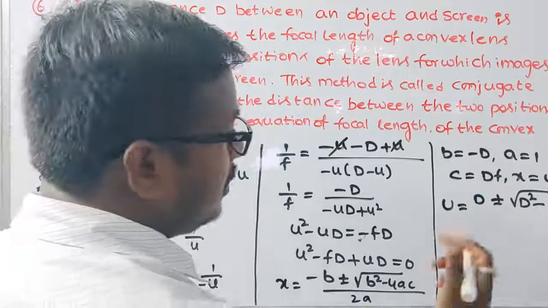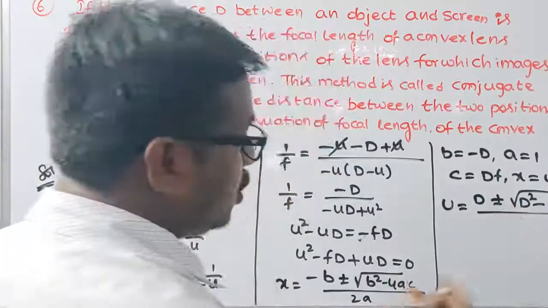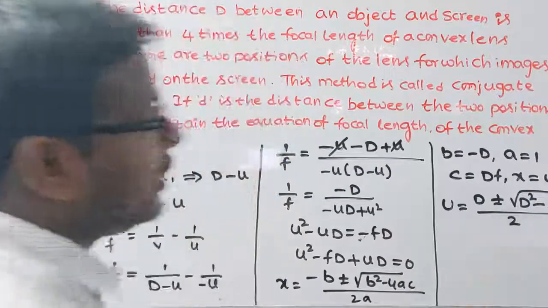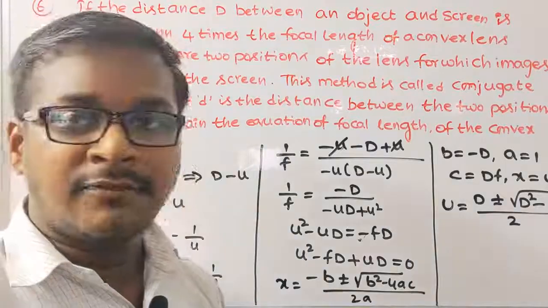So u is equal to d plus or minus the square root of d square minus 4df by 2.